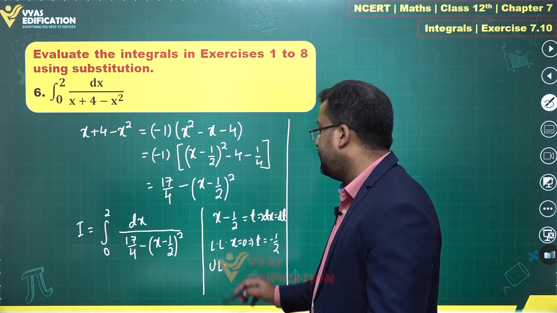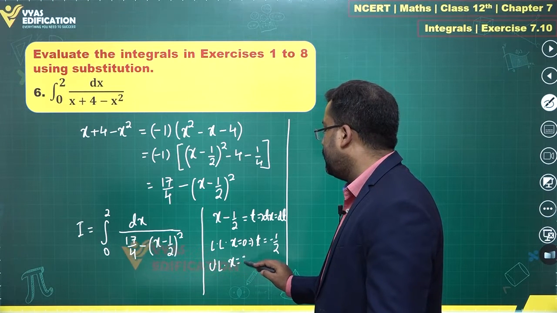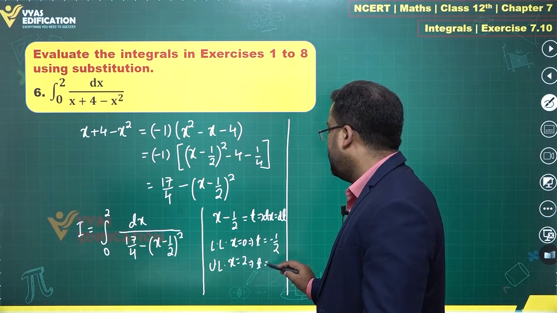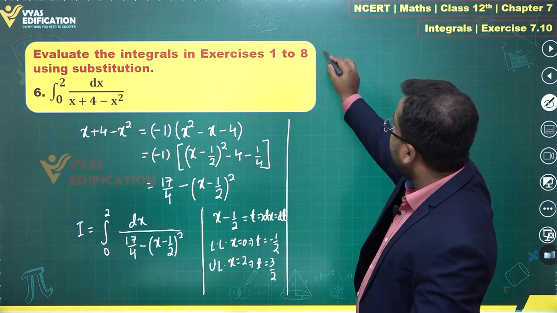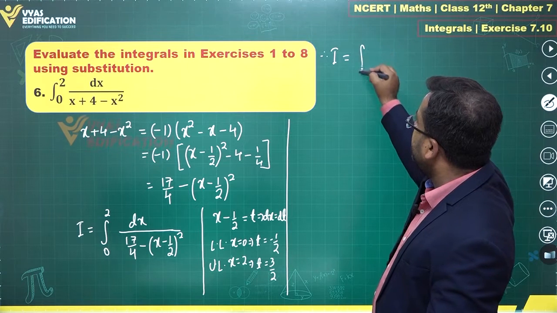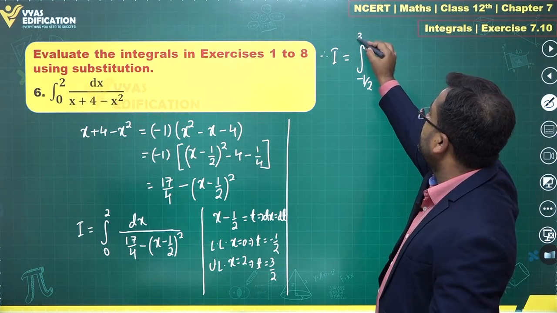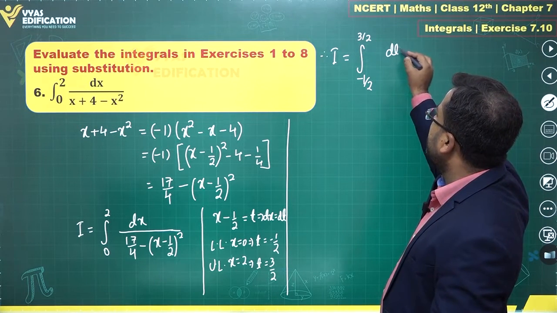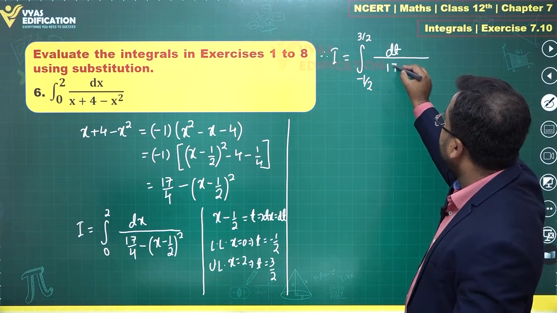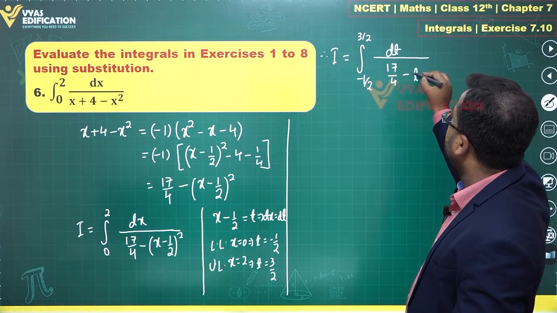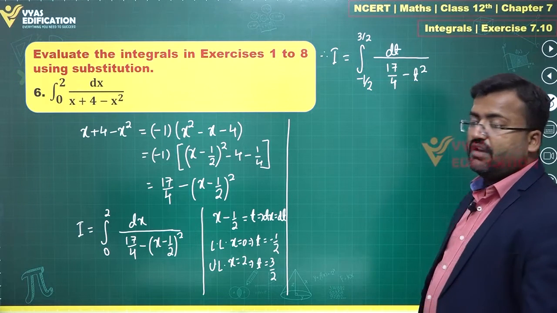Upper limit tells me x equals 2. That tells me t will be 3 by 2. Using these, I can write I, the integral, will be minus 1 by 2 to 3 by 2 dt upon 17 by 4 minus t square. This is what you'll get, right?